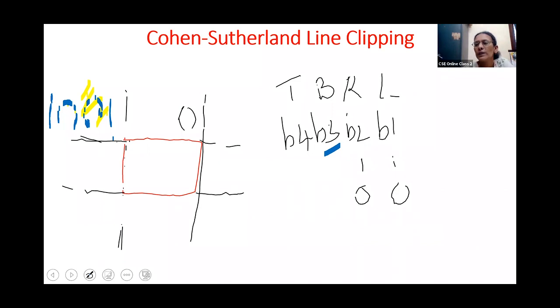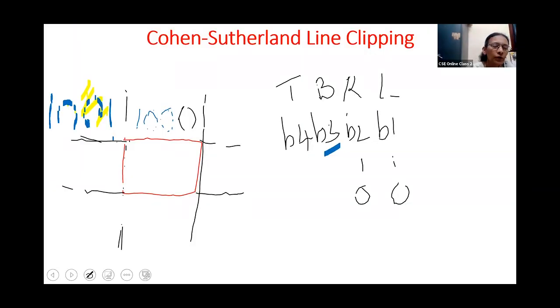Now the second bit: these points are not to the right of the right boundary, so it is 0. These points are not below the bottom boundary, so it is 0. But these points are above the top boundary, and so it is 1. So the region code for this region is 1000. Is this clear? Yeah, fine.